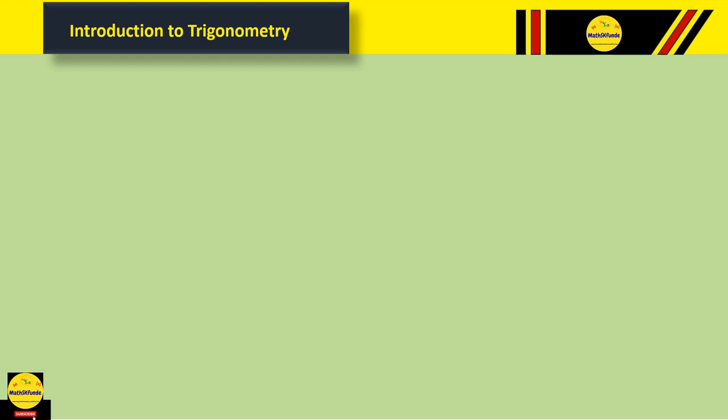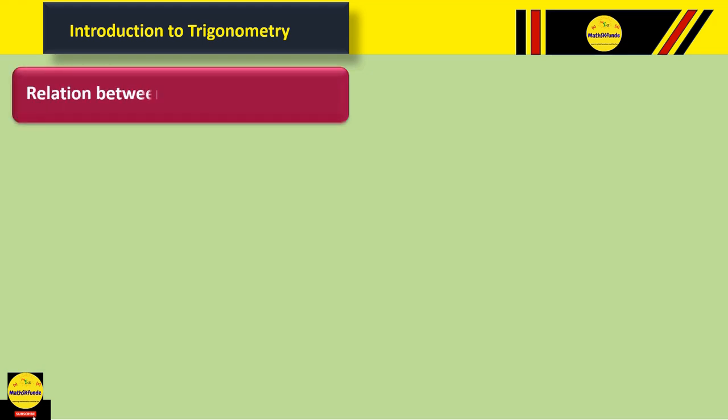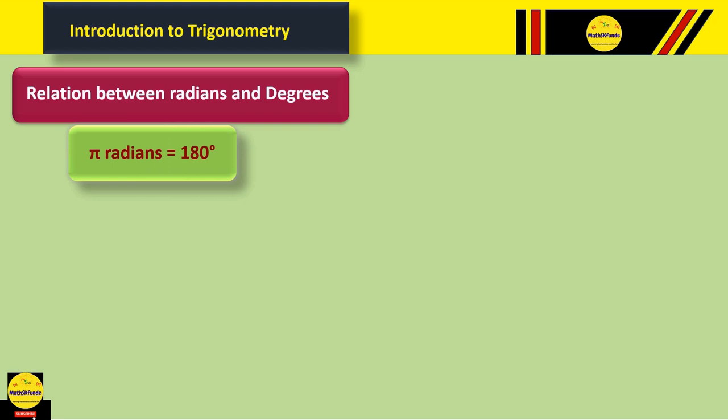I'm sure now most of you must be thinking that, okay, now I know what is 1 radian and I have seen angles in degrees. Then is there any relation between radians and degrees? Obviously, because degrees is known to you and now you are learning radians. So your first thought would be, is there any relation between radians and degrees? Yes, there is some relation.